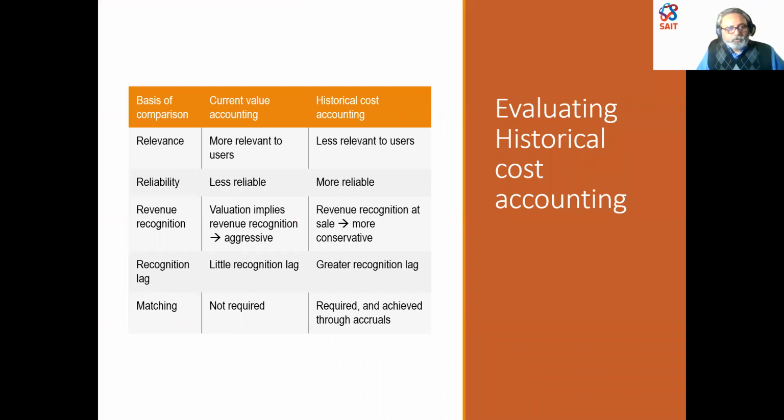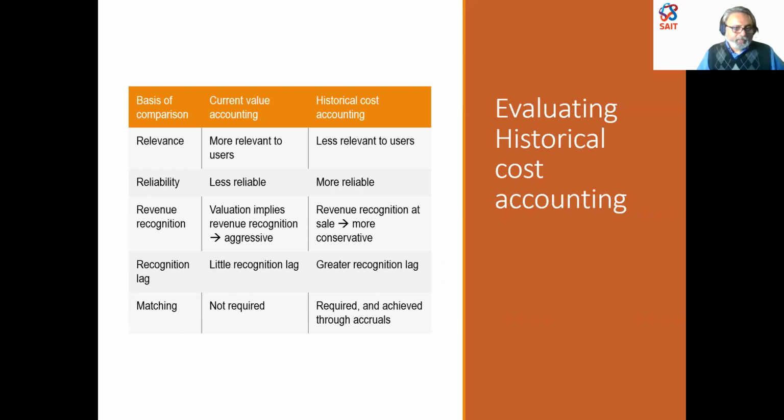If you're using more current value numbers, you're providing more relevant information, whereas historical cost numbers are less relevant. Historical cost numbers, on the other hand, are more reliable as opposed to lower reliability for current value accounting. In terms of revenue recognition, if you're basing revenue numbers using current value numbers, you're likely being a little more aggressive with revenue recognition, but you are reporting numbers quickly.